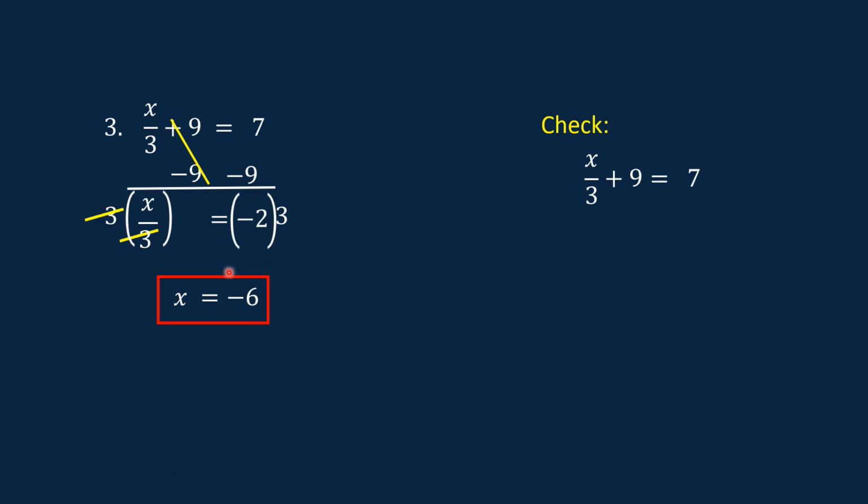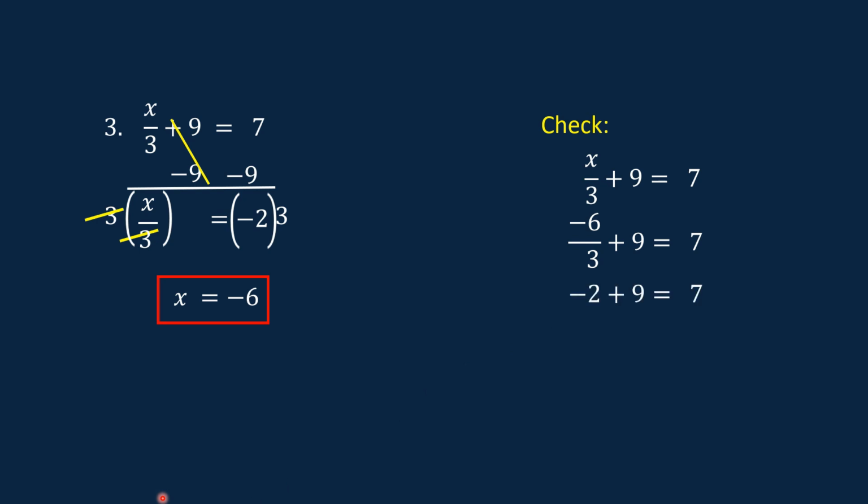We substitute negative 6 for x in the given equation. So we have now negative 6 over 3 plus 9 is equal to 7. Negative 6 over 3 is negative 2.